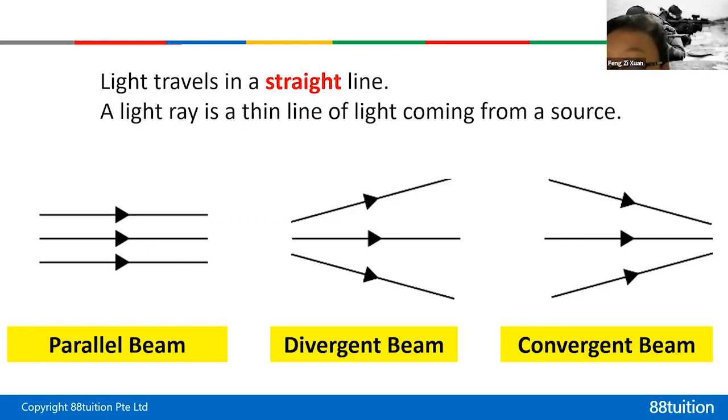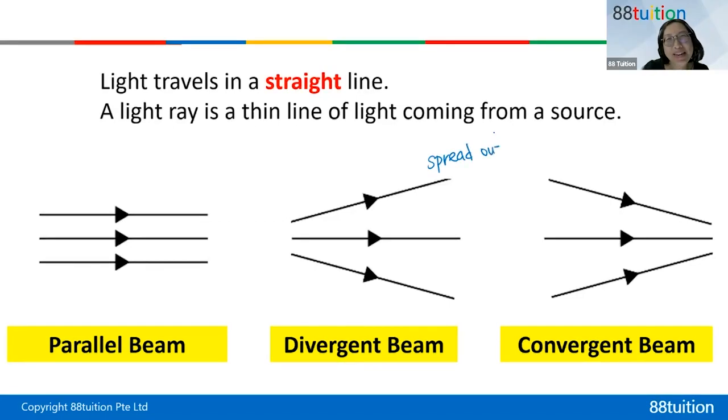And for convergent beam, light is gathered at one place. Well done. Can you tell me your name, please? Zixuan. Well done, Zixuan. So the light spreads out here, and here the light goes to one point, going nearer.